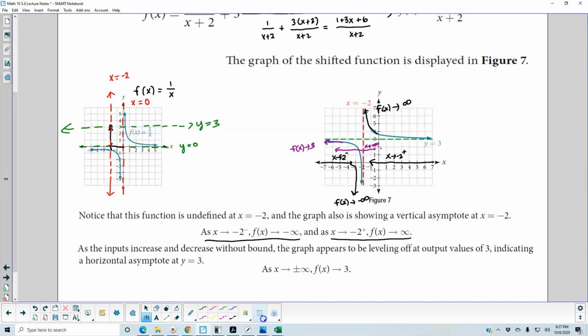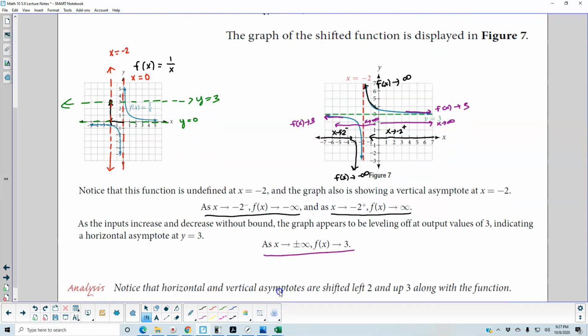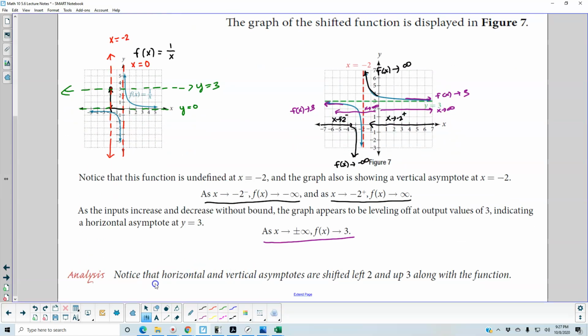And likewise, as x is approaching negative infinity, we can see that the function is also approaching the value of 3, meaning the horizontal asymptote. Now, notice that horizontal and vertical asymptotes are shifted left 2 and up 3 along with the entire function.